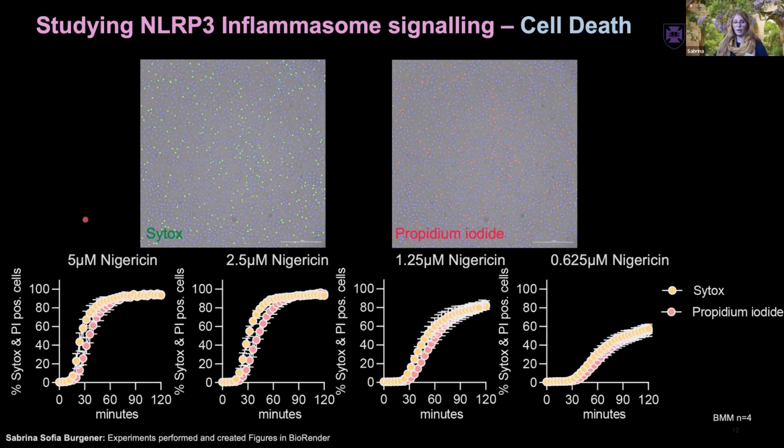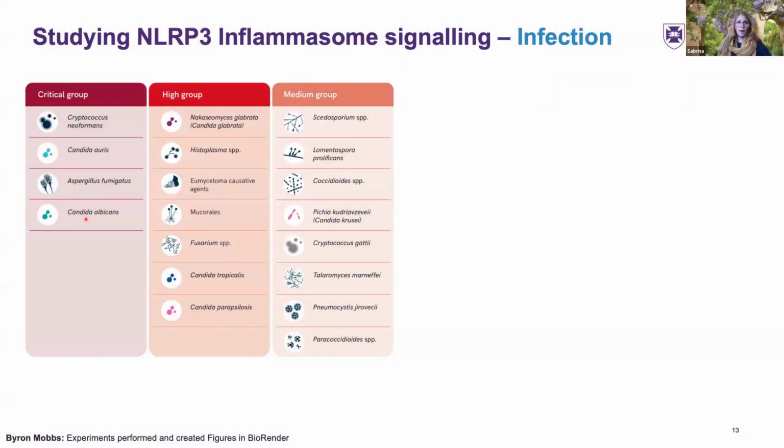So now I would really like to shift and go to infection. We know that the NLRP3 inflammasome is highly important to protect us from infection, especially from bacteria, viruses, but also from fungus. The WHO has a list of fungi critical to human health.